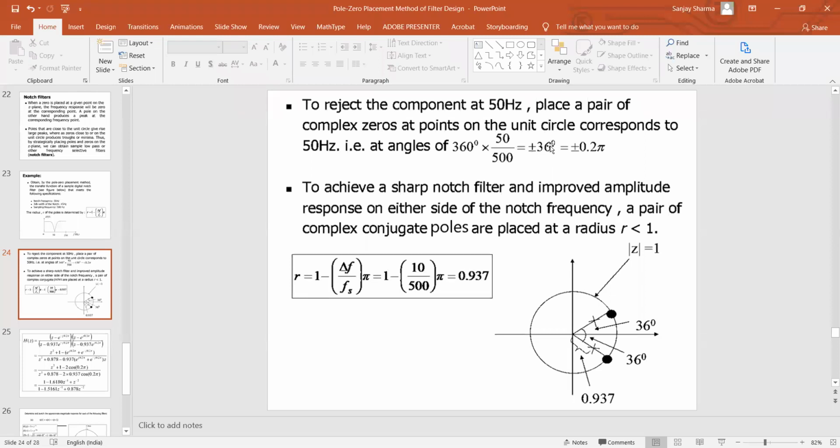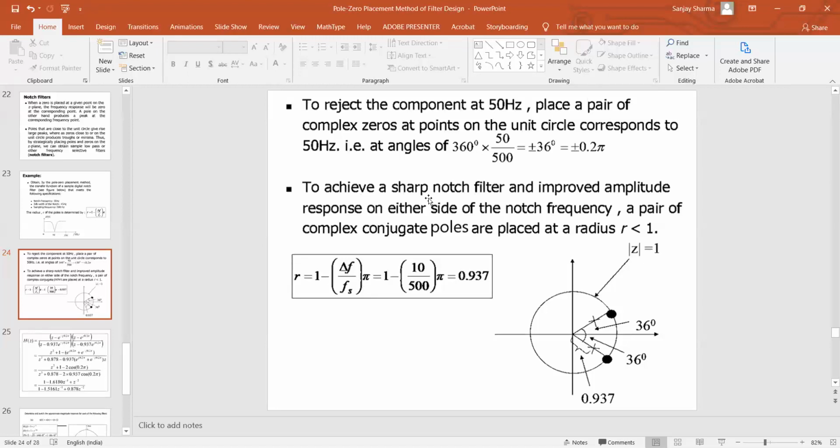So we get the position of the zeros, a complex conjugate pair of zeros, at plus minus 36° or plus minus 0.2 pi. So on the unit circle, we will place two zeros. This angle is plus 36°, and this is again 36° on the other side, where we will place the zeros.